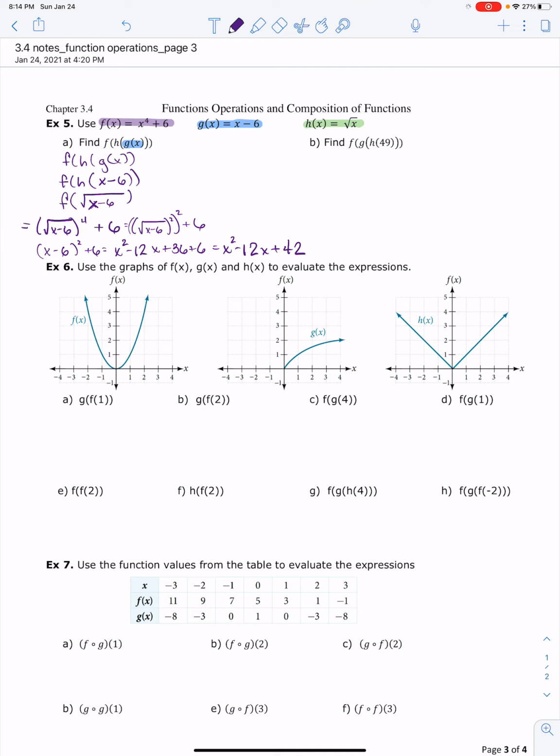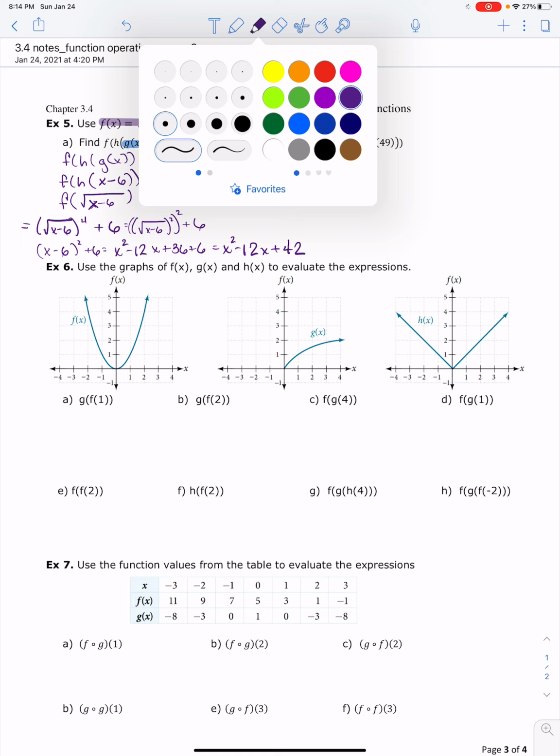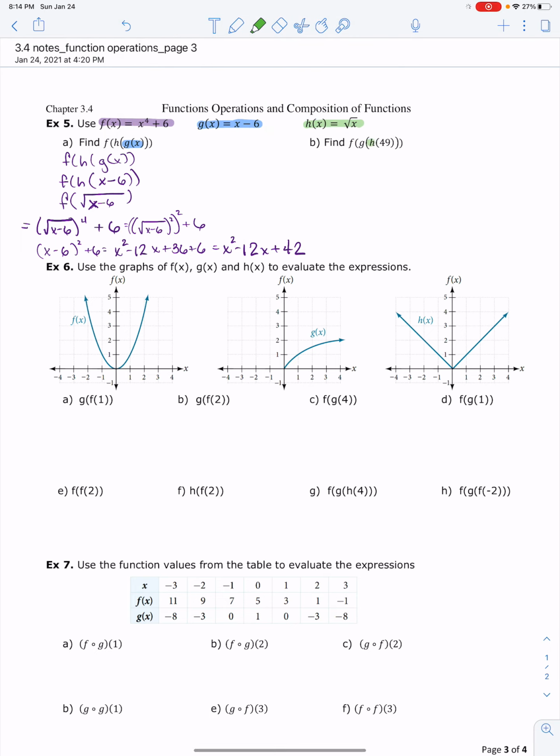B, we've got f of g of h of 49. If you'd like, this would be a great time to pause the recording, give this one a shot, and then turn it back on and double check. So h of 49 happens first. That's the square root of 49, which gives us f of g of 7. 7 gets plugged into function g.